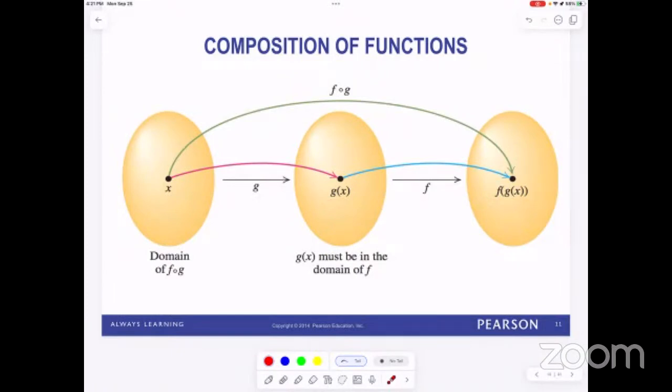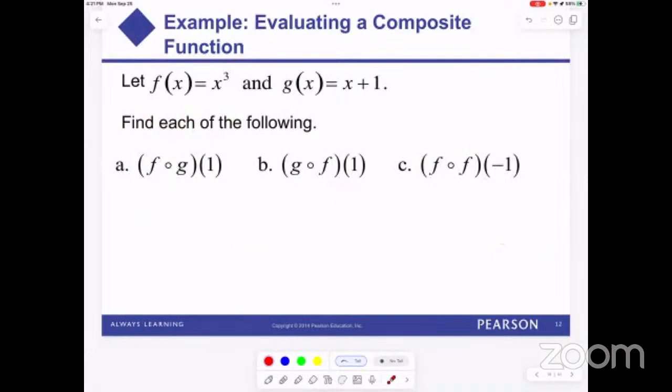In this one, given these two functions, we're asked to find each of the following. f of g of 1. With this symbol, a common error students make is they see this and think that's multiplication, so they multiply, or in this instance they might try to distribute a -1. This is not distributing. We're not multiplying by -1, nor is this multiplication. What this means is the second function inside the first function.